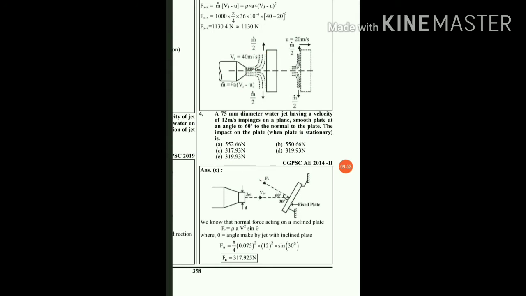That is, this will be the velocity in the normal direction, and this is the velocity that is parallel to the plate, and this is the velocity v, which is in the x direction. Okay, so basically here the velocity of a jet which is normal to the plate will be v sin theta. So here this is the initial velocity with which the jet strikes the inclined plate.